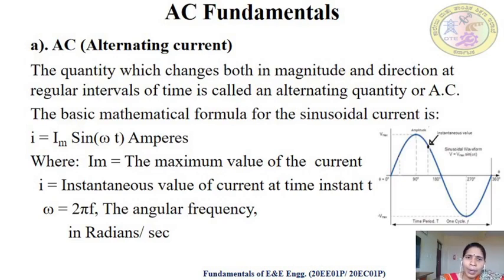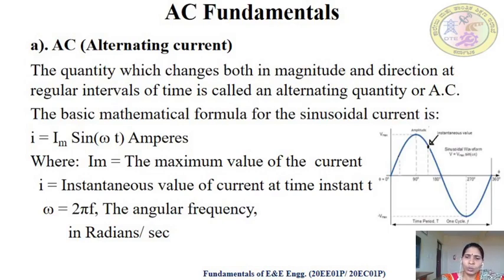The basic mathematical formula for the sinusoidal current, to determine the instantaneous value of current, is small i equal to Im sine omega t amperes, where Im means the maximum value of the current, that is at sine 90 degree and sine 270 degree.